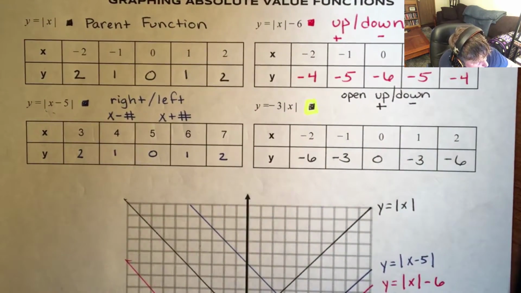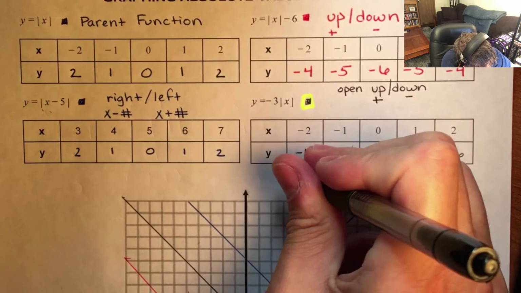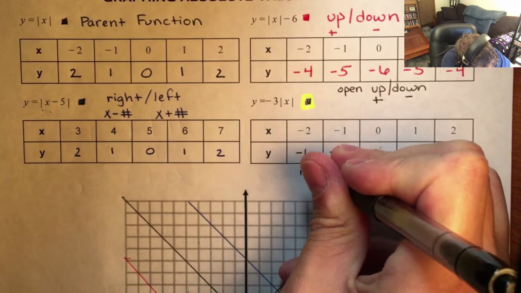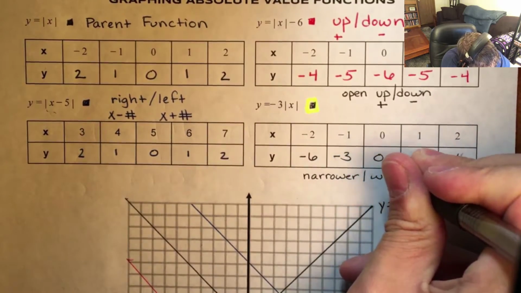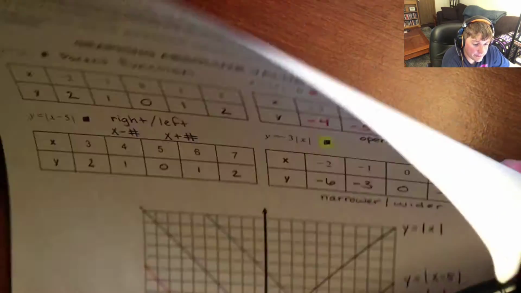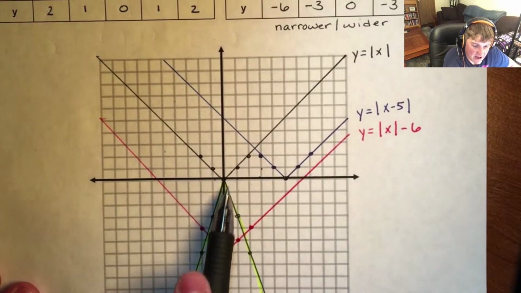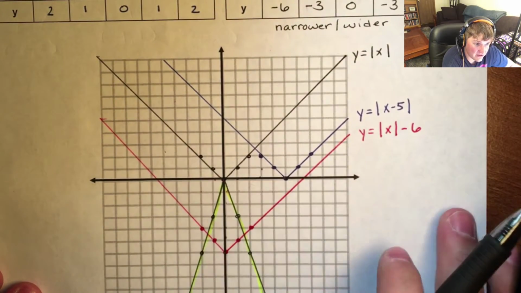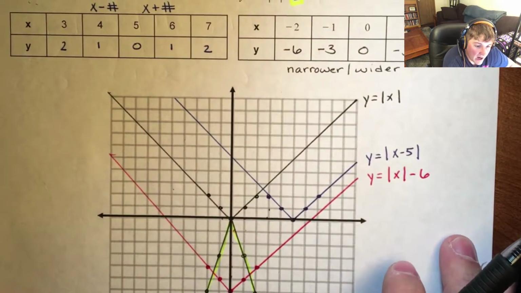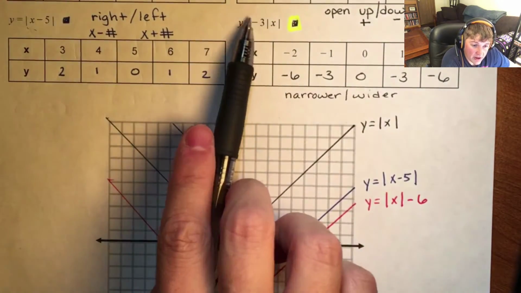The other thing it does is make it narrower and/or wider. This one is quite a bit narrower, but it can also make it wider. This highlighted line is much narrower than the original black line or really any of the lines. Why? Because we're multiplying by a value every time.